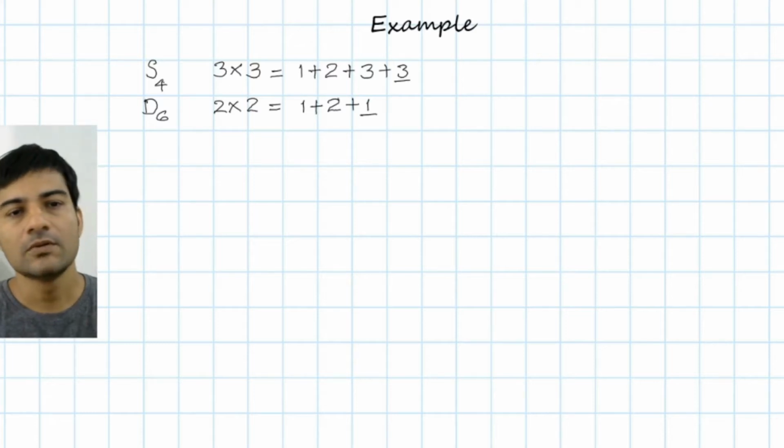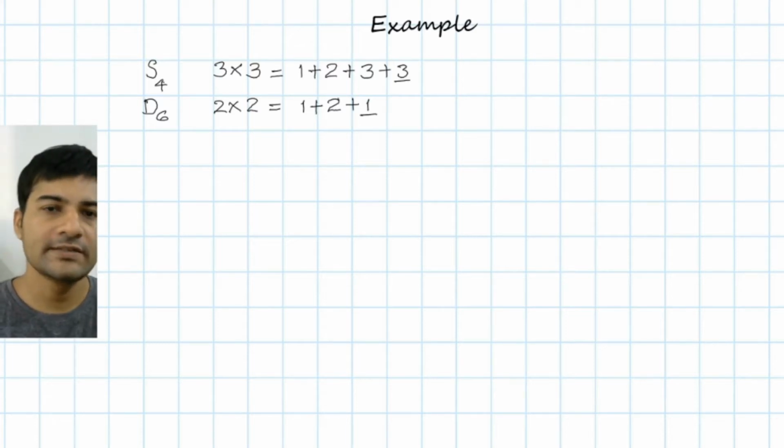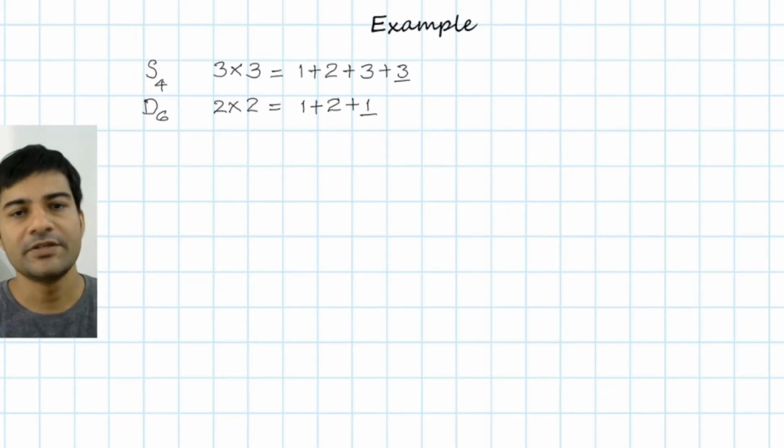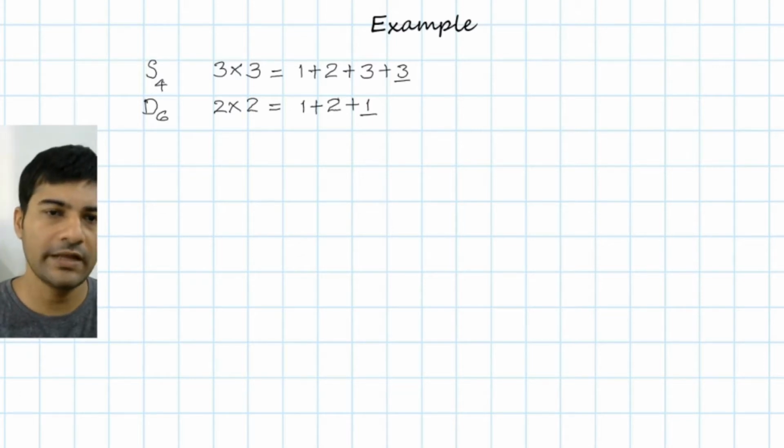In this video, I construct an example to demonstrate various concepts I introduced in the previous video. So this example is constructed with the symmetric group S4 and the dihedral group D6.